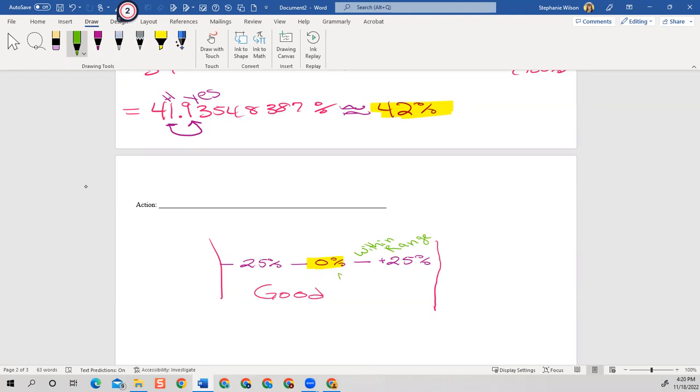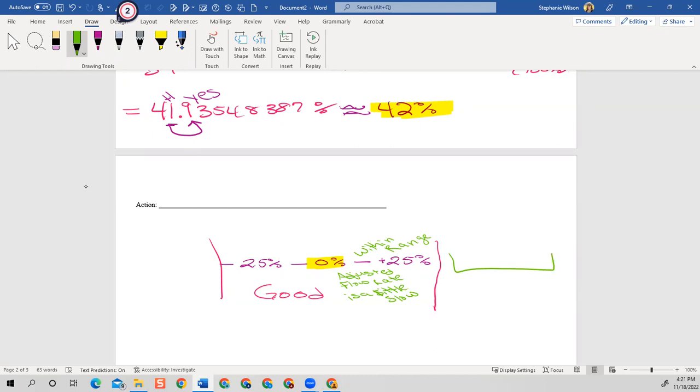However, the adjusted flow rate is a little slow in this case, but we're going to call it good. Okay.